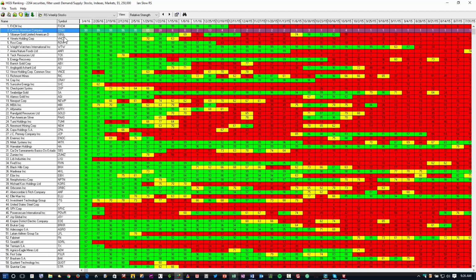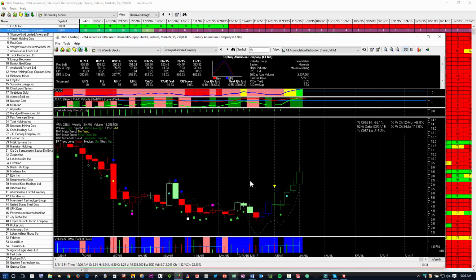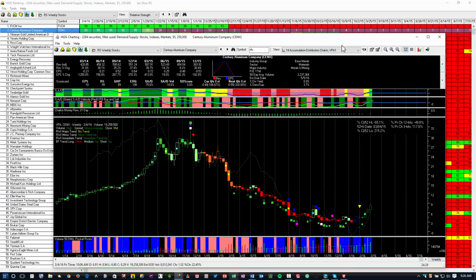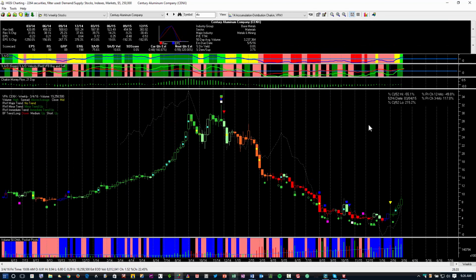I'm going to bring this chart back up, and I'm going to look at this zoom level. I will open this up, and we're going to talk about this other relative strength rank here, which was put in to, like I said, compare HGSI's methodology to what else is out there in the universe.